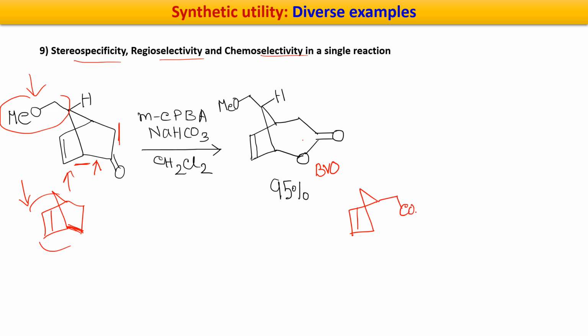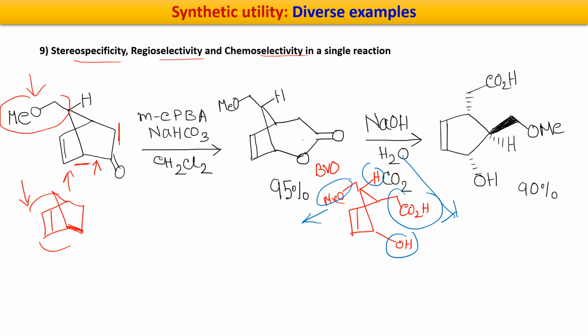From this side we will get CO2H, and from the other side we will get OH, and this group remains as it is. The interesting point is that this hydrogen, CH2CO2H and OH are all on the same side, right? And the CH2OMe is on the other side. So when we are doing hydrolysis, if we draw the molecule in a different way, it will look like this.